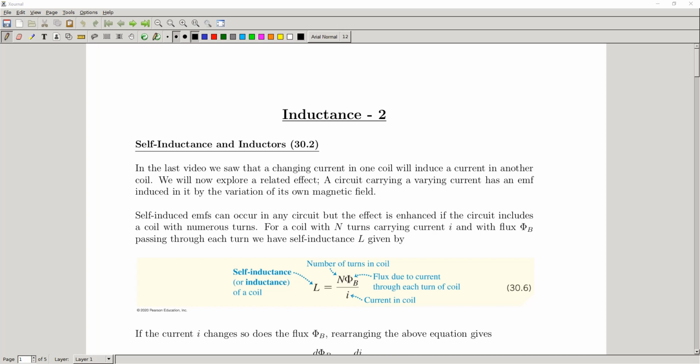For a coil with N turns, carrying a current I and with a magnetic flux, our phi B, passing through each turn of this coil, we have a self-inductance given by the expression shown below. So our self-inductance, which we give the symbol L, is equal to the number of turns in that coil times the magnetic flux going through each of the turns divided by the current in the coil.